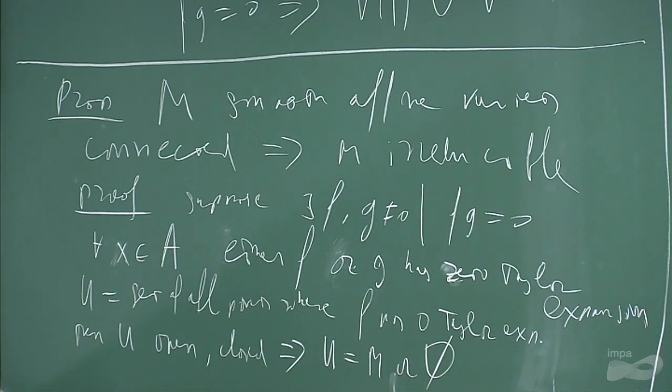When you use that either f or g has a zero Taylor expansion, it means in the complex coordinates of M? Yeah. But you can take real coordinates. Doesn't matter. You can easily express real derivatives through complex derivatives and vice versa.